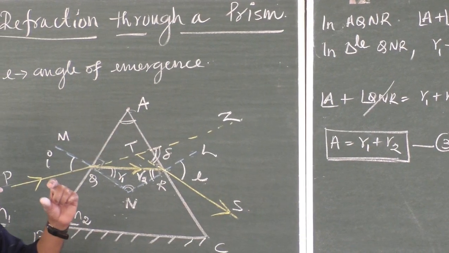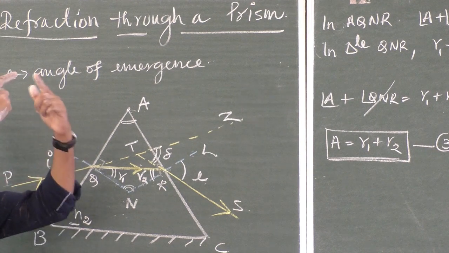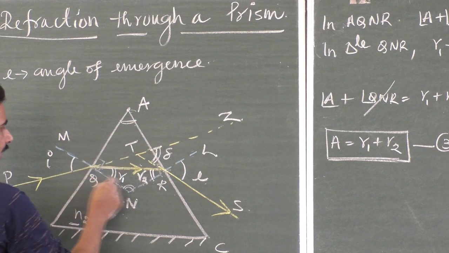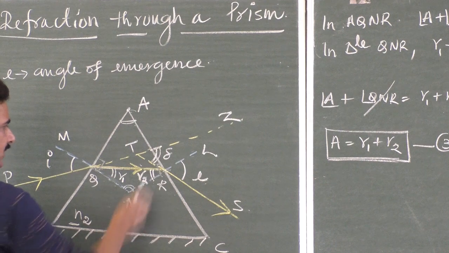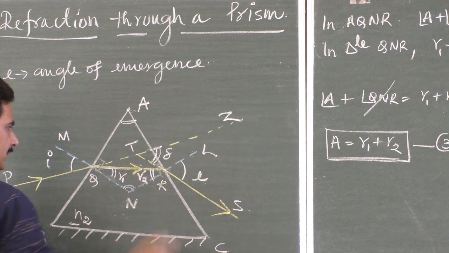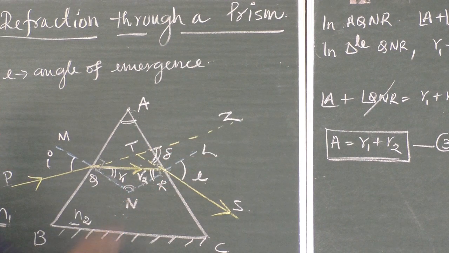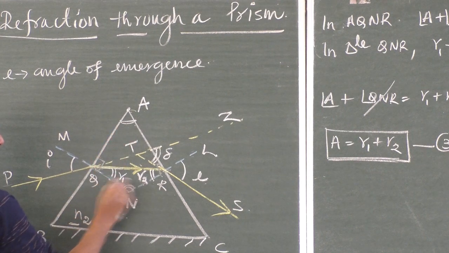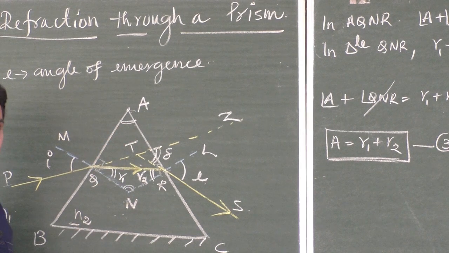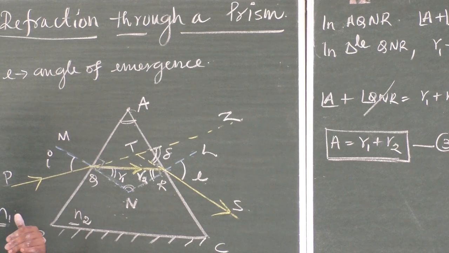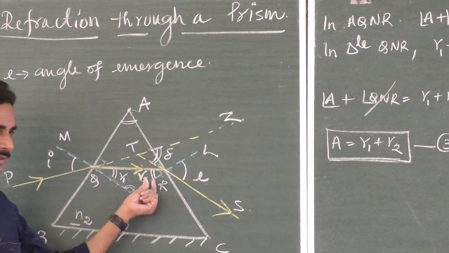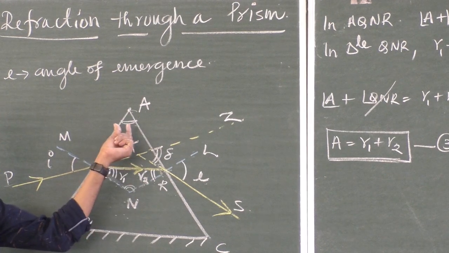Sum of the two refracting angles inside the prism is equal to the angle of the prism. So A is equal to R1 plus R2. All the things come inside. Of course, delta you can name it here also, no problem. That's not a very special one. So the angle of the prism is the sum of the two angles of refraction which appear inside the prism. Of course, that is only for convenience I have told. So A is equal to R1 plus R2. Suppose this is 20 and this is 30, sum of them 50, this should be 50 degrees.